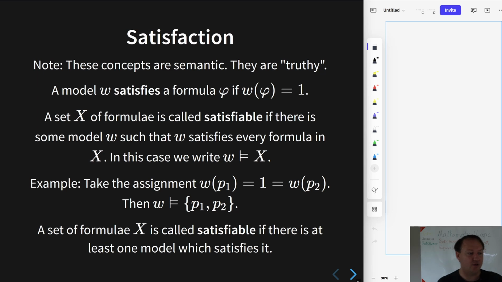So we can see that the previous example shows us a satisfiable set because there is a model which satisfies it. And we could also give a quick example of an unsatisfiable set by writing this down. It should be fairly immediately obvious that no model will ever satisfy this set.